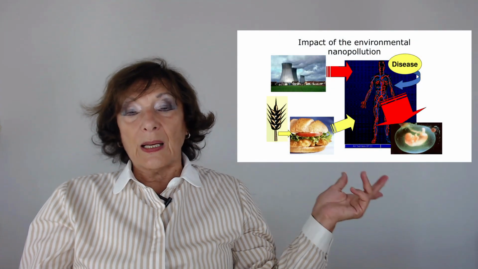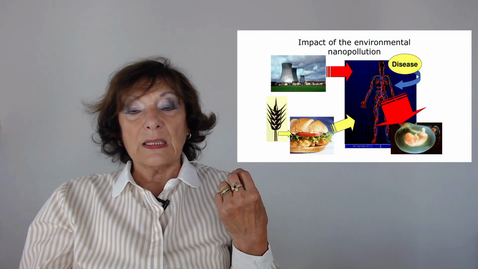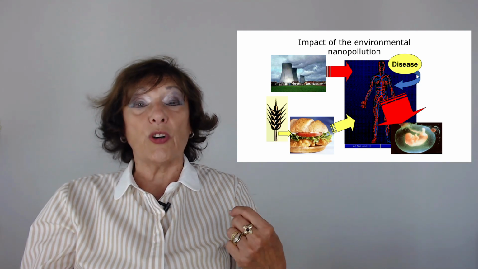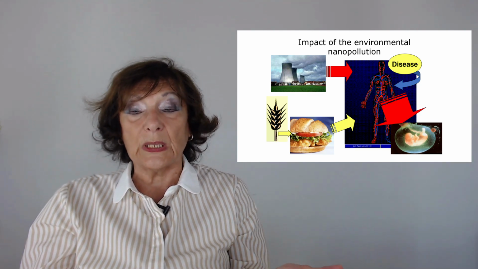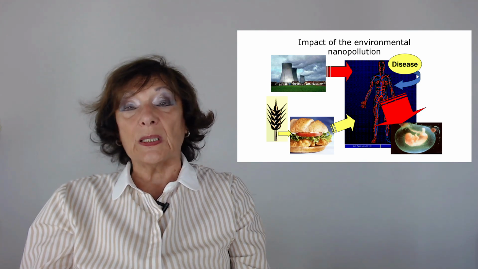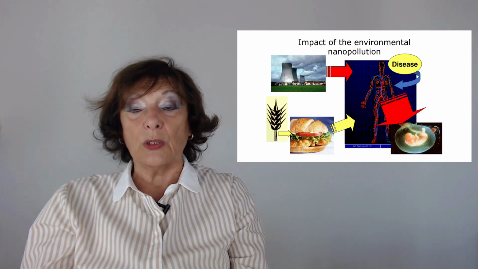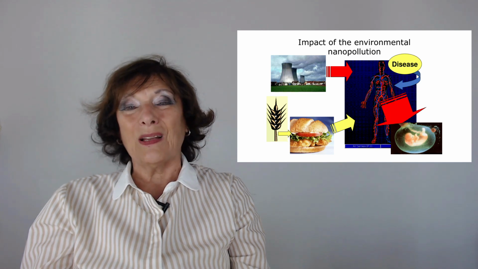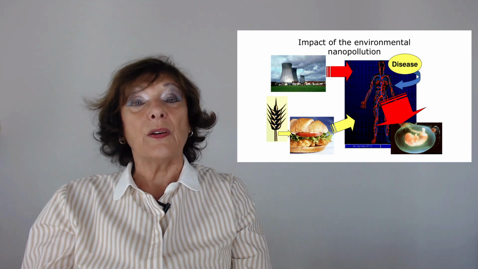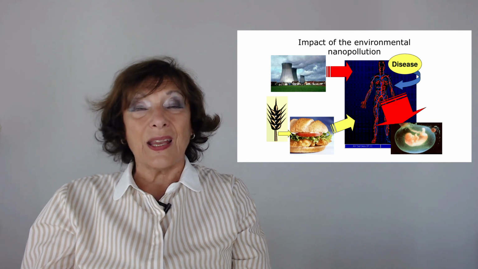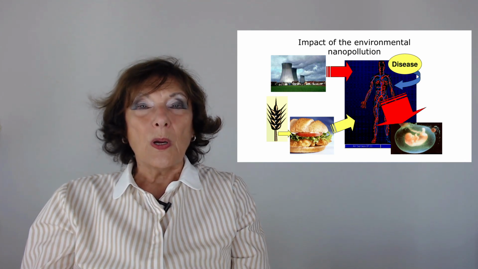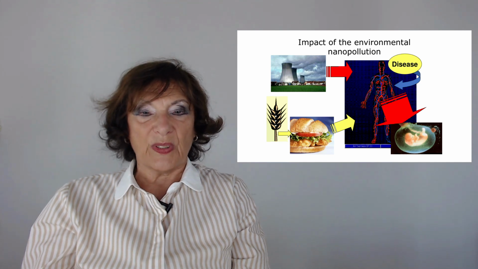So we can see that these particles, if inhaled or ingested with contaminated food, can be entrapped in the human body. Not only that, they can also be passed to the fetus, and in that case they can contaminate an embryo before birth.